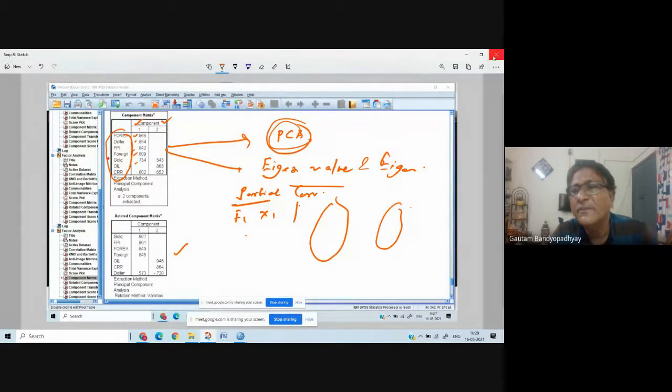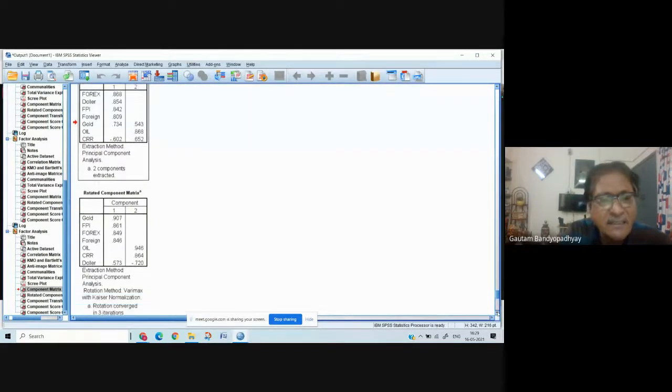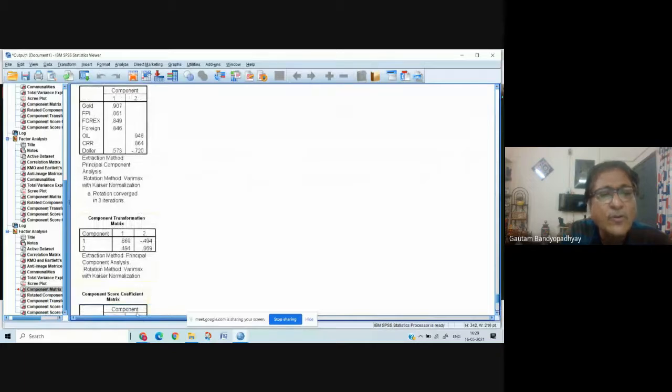Orthogonal transformation is basically applied to the component matrix, which is a 7×2 matrix, because there are 7 variables and 2 factors. This is called the orthogonal transformation, the factor transformation, and it also gives the validation of the factor analysis.